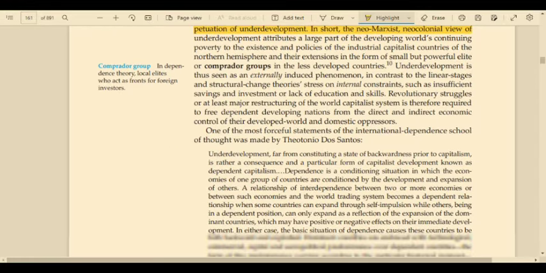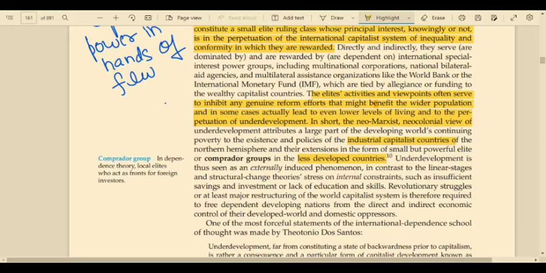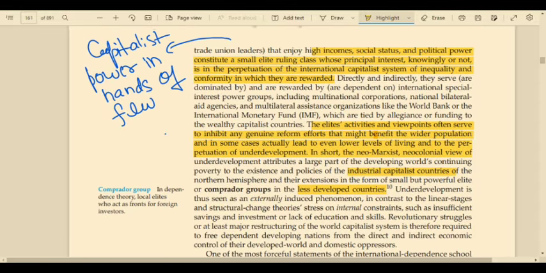Okay. In short, a neo-Marxist, neo-colonial view on development attributes a large part of the developing world's continuing poverty to the existing policies of industrial capitalist countries of the northern hemisphere and their extension in the form of smaller, powerful elite groups in less developed countries. Basically they are referring to these power groups which perpetuate the international capitalist system, based on notions of inequality, and they tell us that these power groups have certain small segments centered in developing economies, and they further their own interest there.